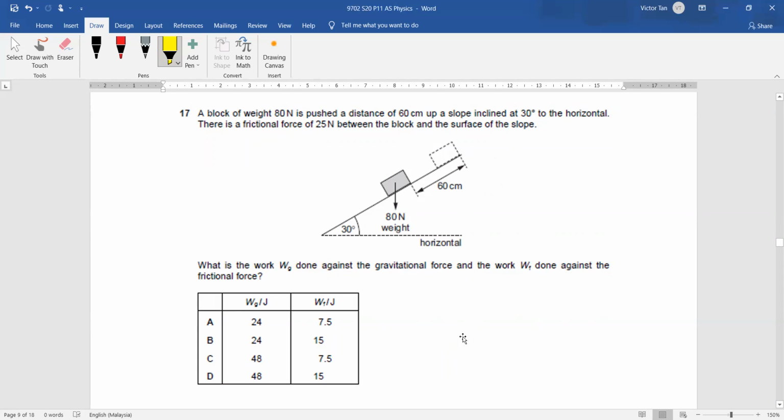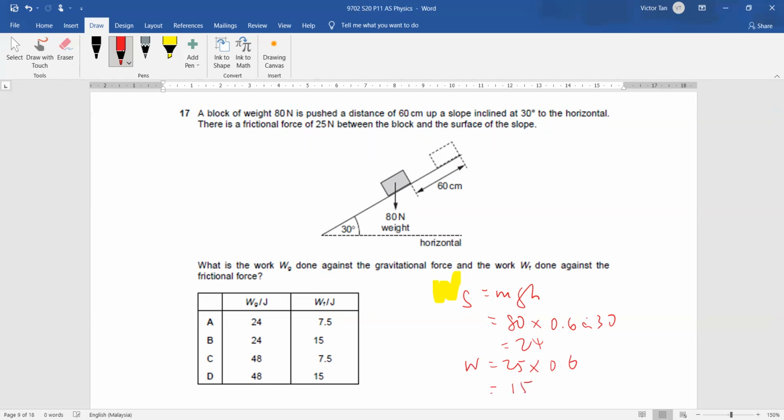Gravitational work is mgh. mg is 80 times 0.6 sine 30, so this is 24. Frictional force is 25, so work is force times distance. Okay, B.